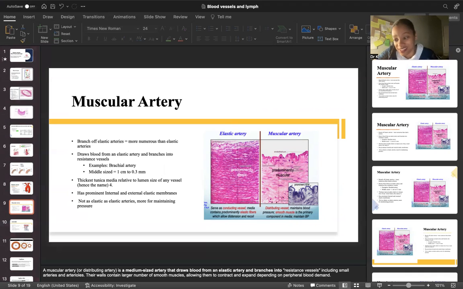Trust me. Okay, so now you have your muscular arteries, right? These are essentially medium-sized arteries. These arteries usually branch into your smaller arteries and your arterioles.